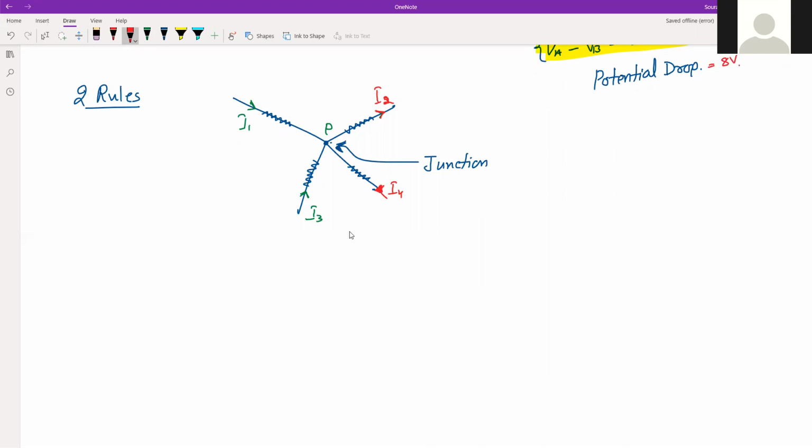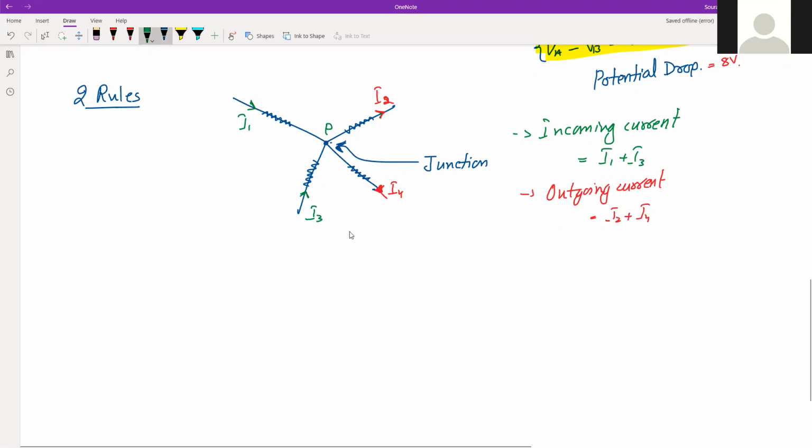So on this junction, the total incoming current is I1 plus I3, and at the same junction, the outgoing current is I2 plus I4. And current is nothing but flow of charge.